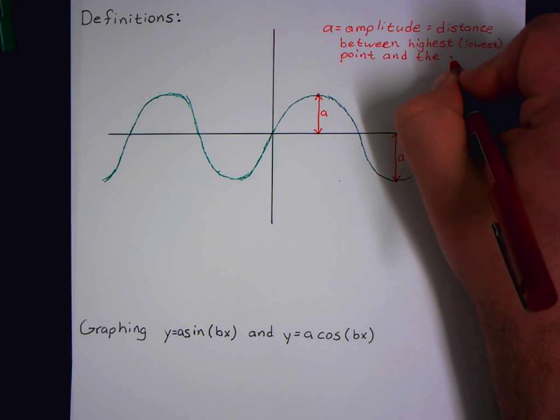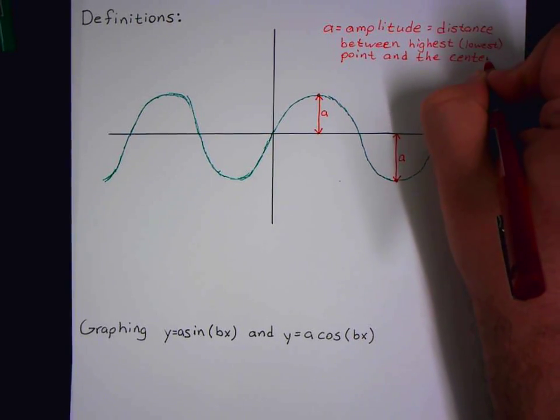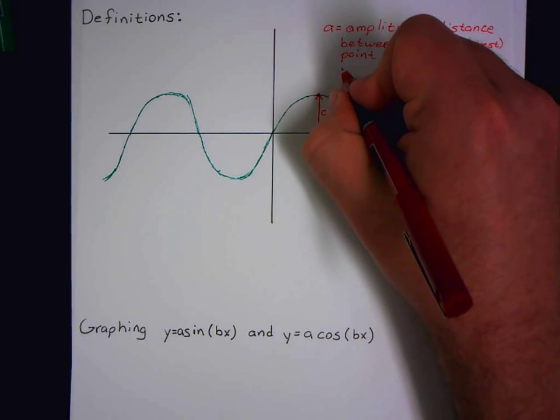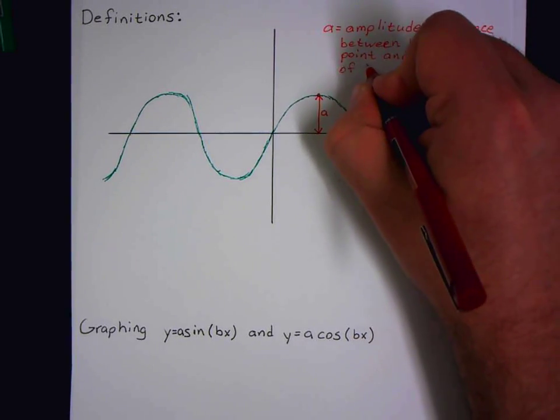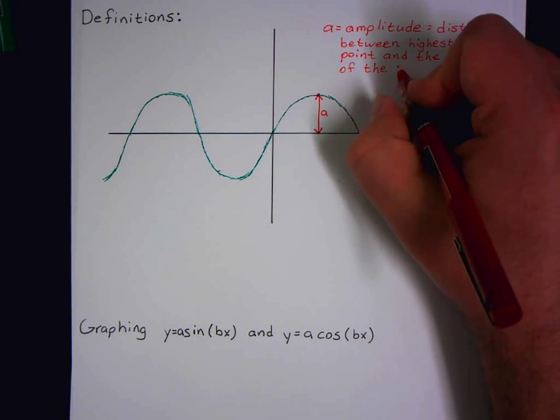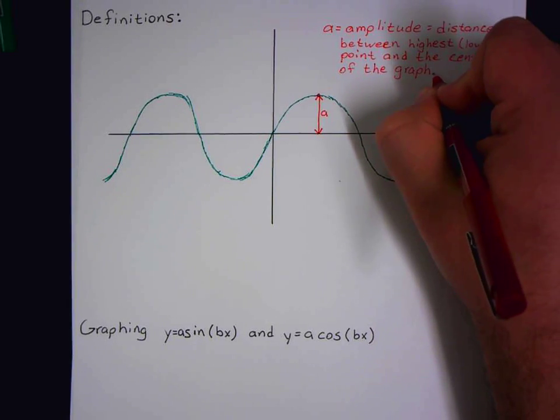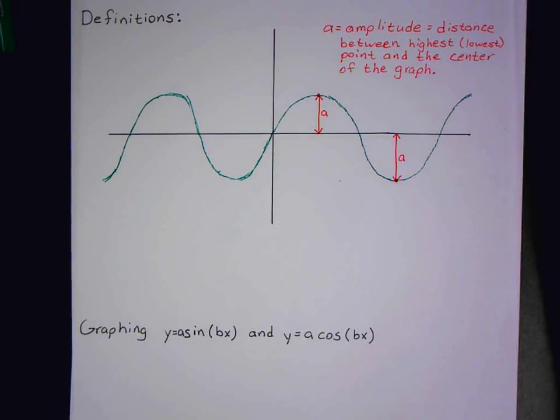Now, the way I have this one drawn, the center is the x-axis. It does not have to be the x-axis. The center could be at 3 if the graph gets shifted up, which eventually we'll do shifting with our graphs.